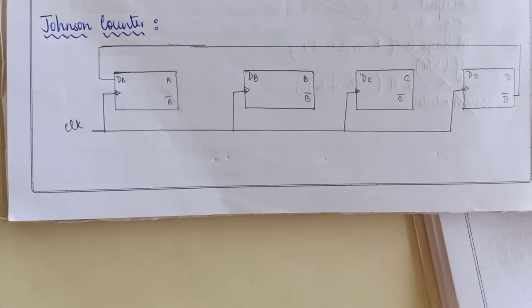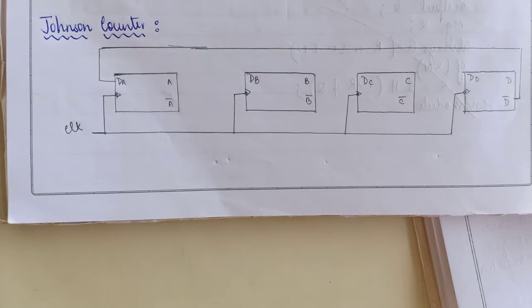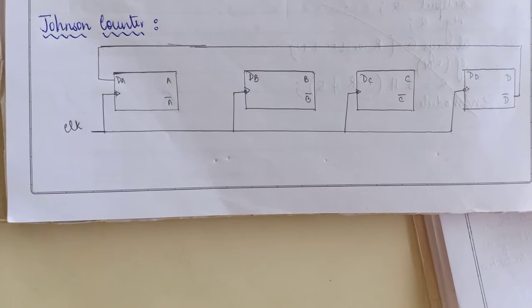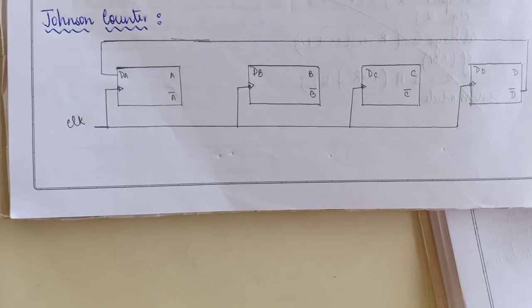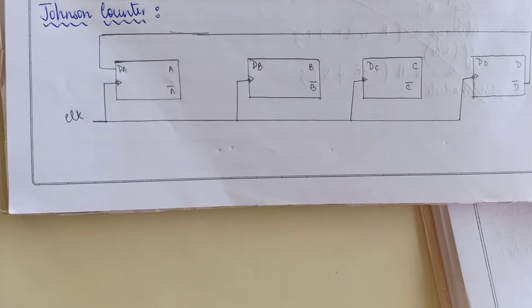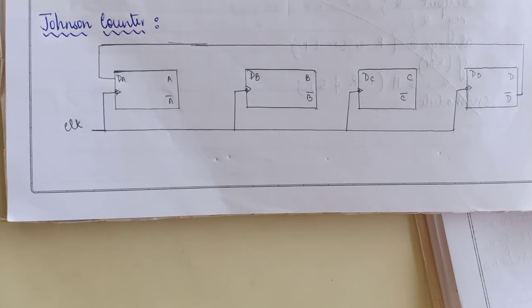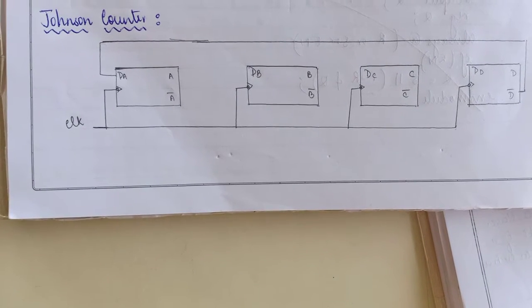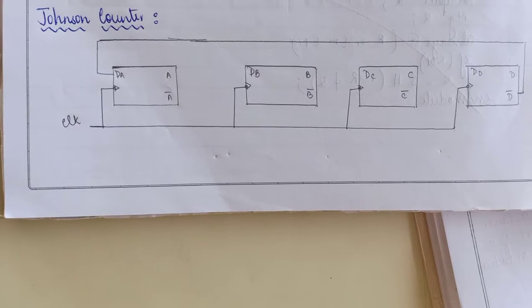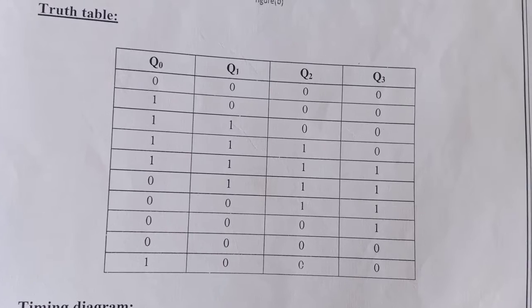Whereas we have seen in the ring counter, the D output of the last flip-flop was fed back as an input to the first flip-flop. But in the Johnson's counter, it's D bar, that is the complemented output of the fourth flip-flop, that is connected as an input to the first flip-flop.